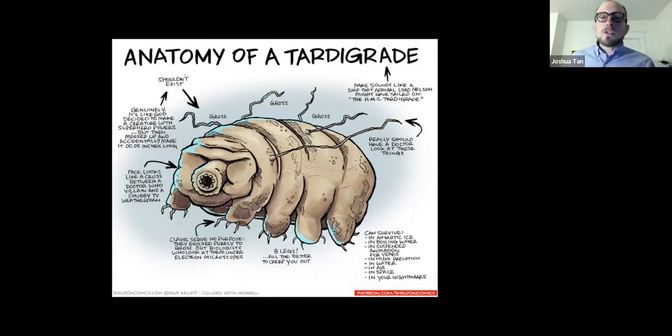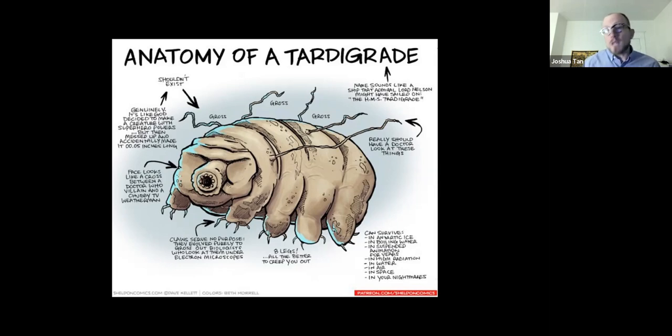They've been shown to survive if they've been frozen for a bit and then thawed. They can survive after they've been boiled for a bit. They could be suspended in this tun state, this sort of state of almost like a grain of sand, for some months, at least, in some cases even years.